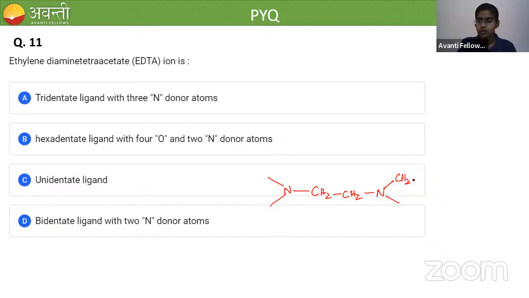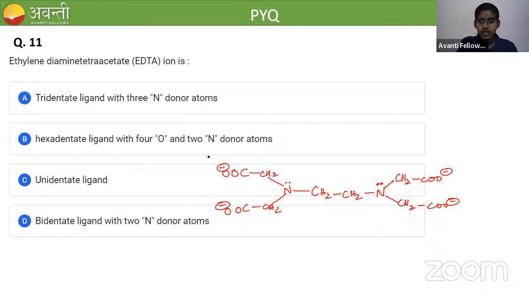In acetate, you have to remove one hydrogen and connect it. So this is your ethylene diamine tetraacetate. You can see nitrogen is also having a lone pair of electrons. So how many donor sites are here?